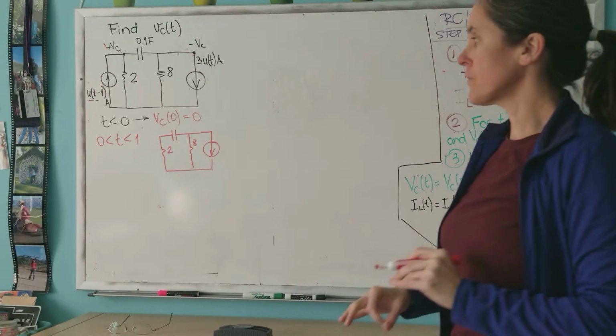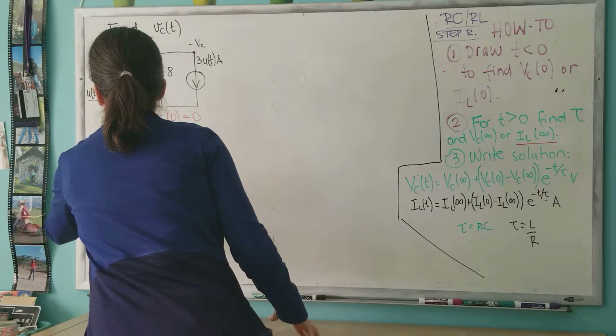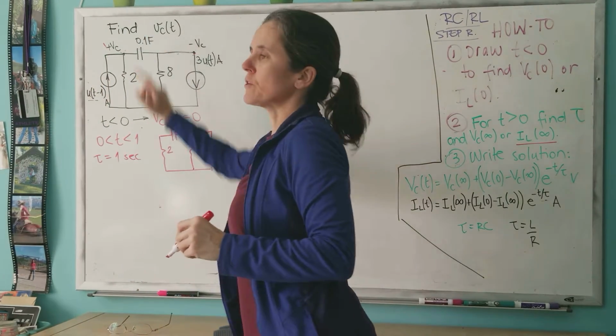We also just solved this by finding R to be 10 and tau to be 1 second because it's 10 times 0.1.